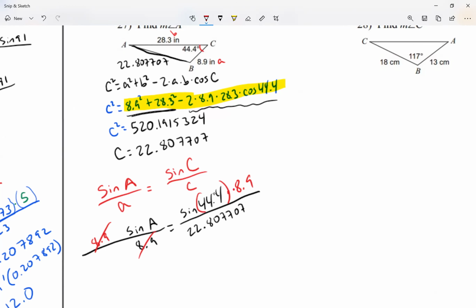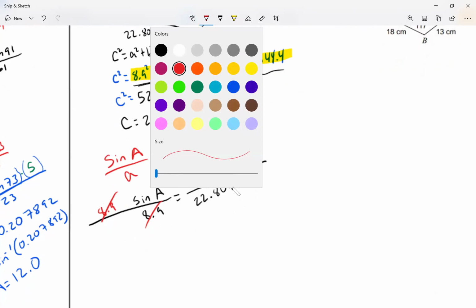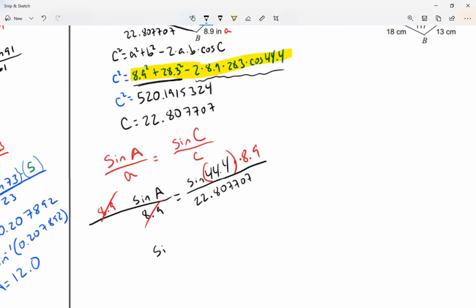Okay, now I'm just going to type this, and that's going to give me sine of A. Sine of A equals, and I'm just going to type this really quick. Let me bring my calculator out.